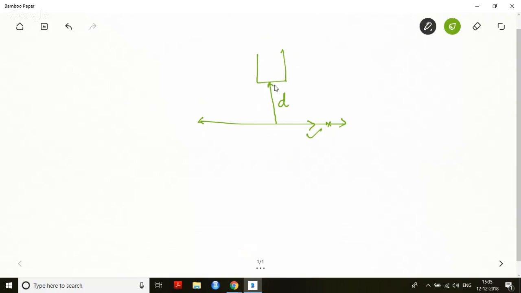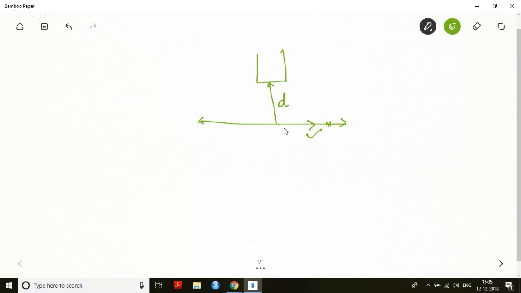It means that if I am changing the distance between this magnetic pole and this wire, I am actually changing the magnitude of the magnetic field. If I bring this pole nearer to this wire, the magnitude of the magnetic field will increase. If I take it away from the wire, the magnetic field will reduce.